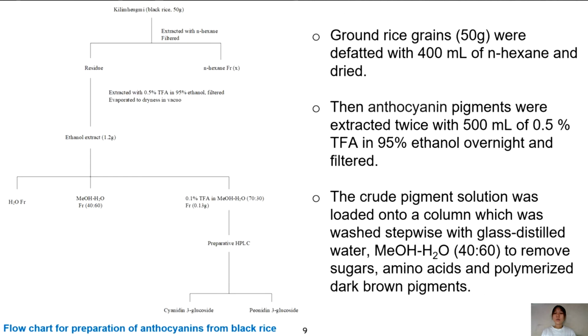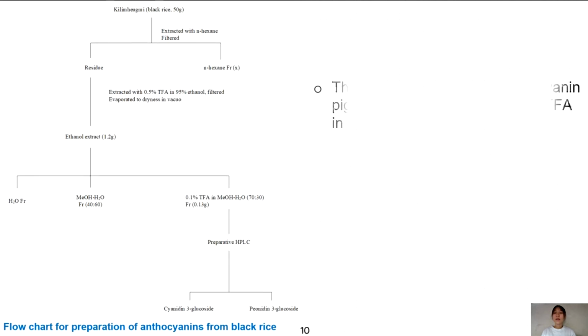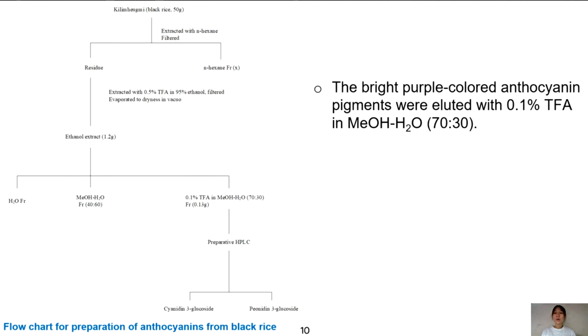After that, the crude pigment solution was loaded onto a column, which was washed stepwise with flash distilled water and methanol to remove sugars, amino acids, and polymerized brown pigments. Next, the bright purple-colored anthocyanin pigments were eluted with 0.1% TFA in methanol with a ratio of 70/30.